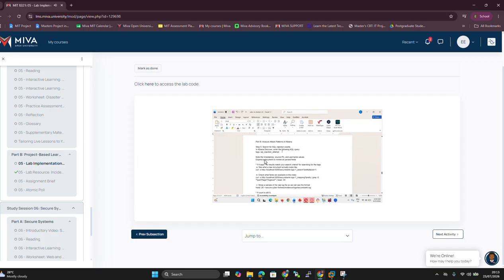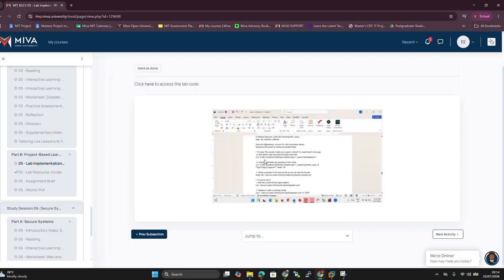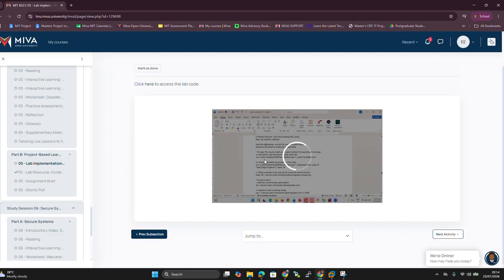found in the Kibana log. So note down the timestamps, the source IP address, and username.